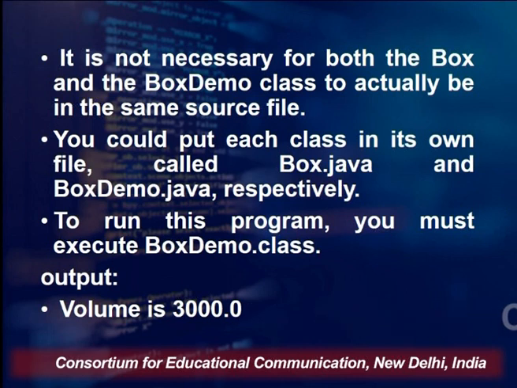So basically we have seen that a class creates a logical framework that defines the relationship between its members. I am talking about two types of members here: data members, and member functions, or methods, although in this program we have not used any member function.